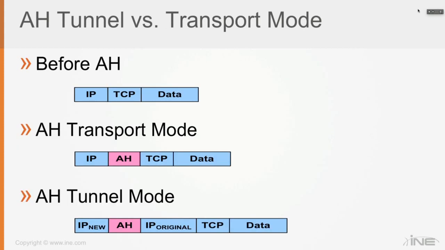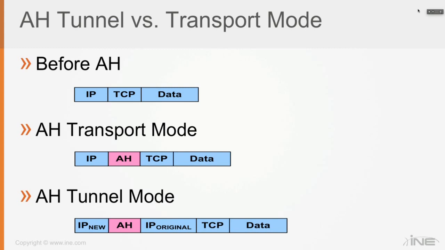And now, AH, tunnel versus transport mode. Before AH, that's going to be the IP packet with the headers IP, TCP, so layer 3, layer 4, TCP, UDP, whatever, and the data. In transport mode, as you can see, we preserve the original IP header, and we only add the AH header to provide authentication and integrity.